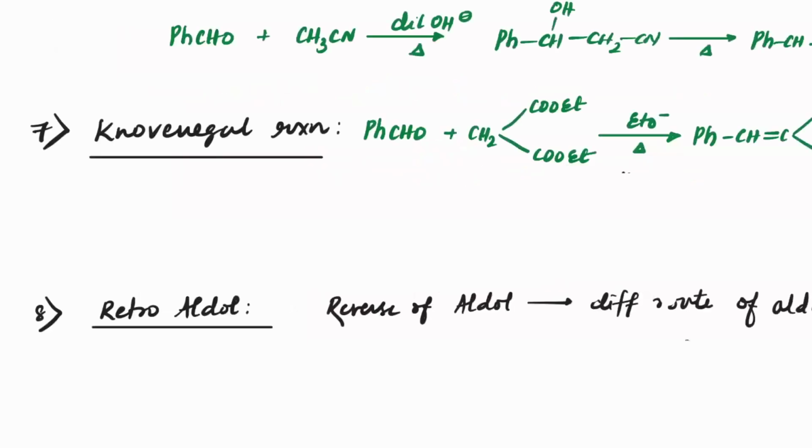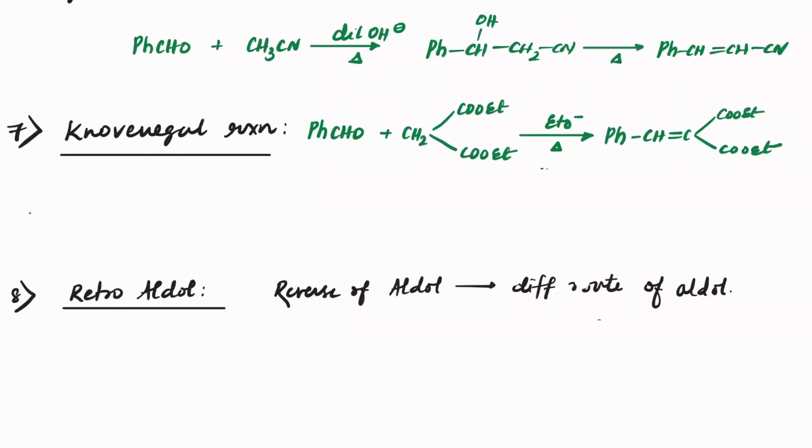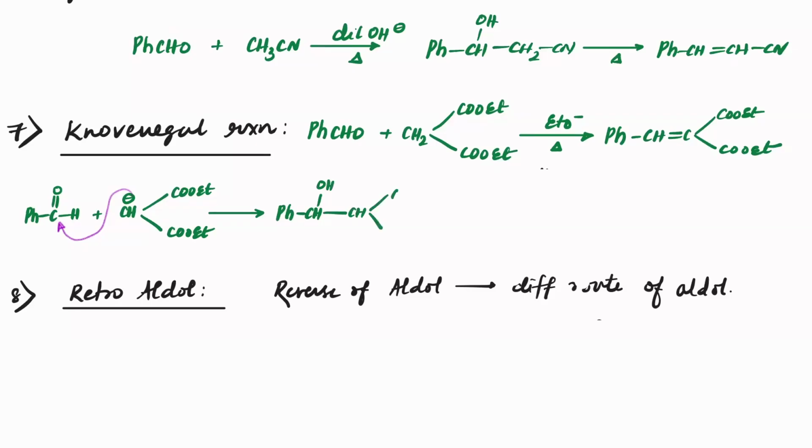Mechanism wise, if you notice here, I can simply say that as PhCH=O. Now because you are taking ethoxide, that will take away this H plus from the active methylene position, and this carbanion would go and attack on this position, thus giving us Ph-CH(OH)-CH with ester groups COOEt and COOEt.